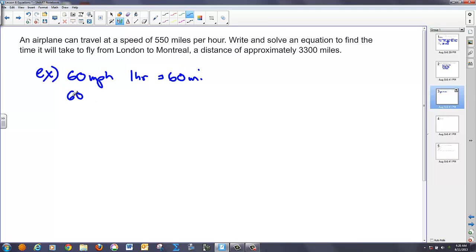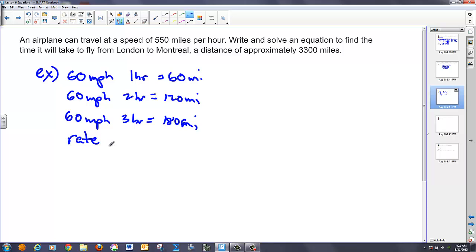If I go 60 miles an hour for 2 hours, I go 120 miles. 60 miles an hour, 3 hours, I go 180 miles, etc. So there's a mathematical relationship between what we call the rate and the time.